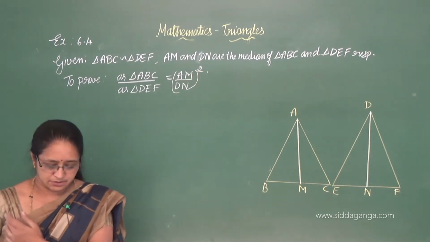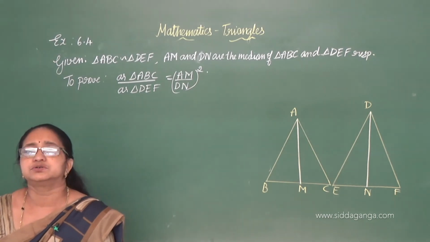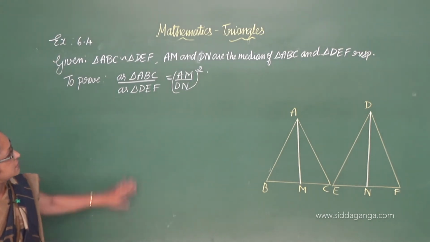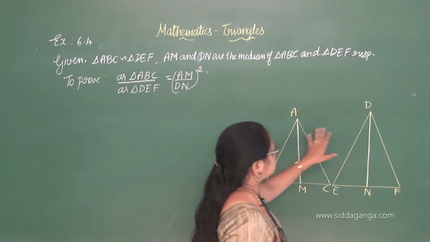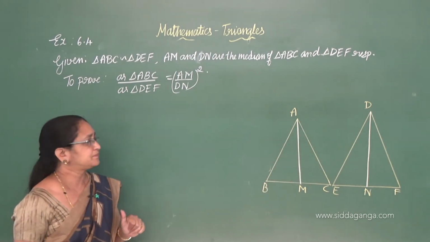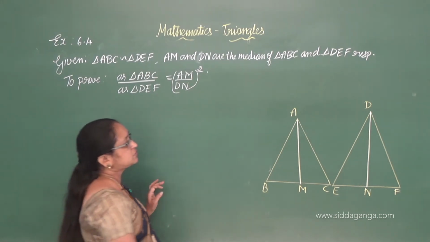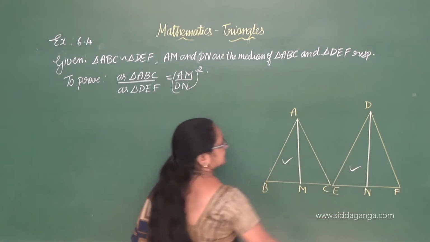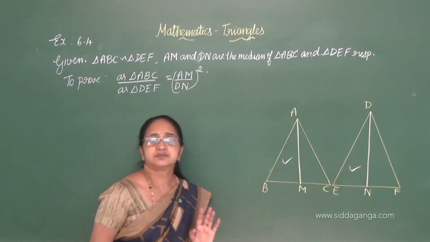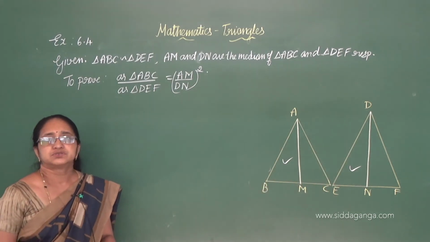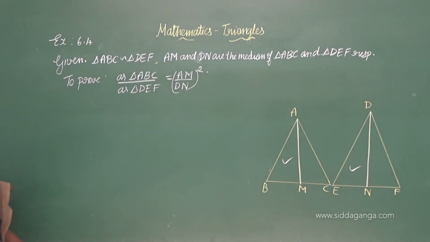Okay. Now, to prove this, now we know that ABC is similar to triangle DEF, no doubt. Now, we have to prove that these two triangles are similar. Okay, we have to prove that these two triangles are similar now. So for that, what we can do, just we have done in the previous problems.